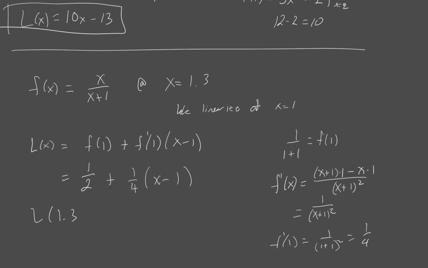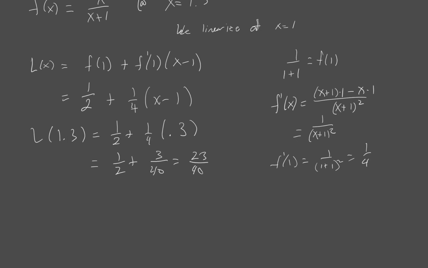So L of 1.3 equals 1/2 plus 1/4 times 0.3. So it's 3/10. 1/2 plus 3 over 40 is 23 over 40, which I can calculate. 1 over 40 is 0.025. 2.5 40s give you 100, so it's 2.5 100ths.